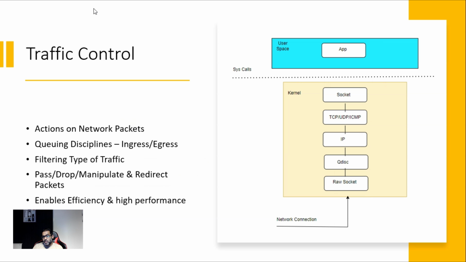Then you'll be able to filter the type of traffic, for example TCP, UDP, or ICMP connections, and route it based on your requirement. And of course it enables efficiency and high performance because you're doing everything at the kernel level. You're compromising a little bit on kernel memory, however it is highly efficient when compared to how traditional load balancers currently operate.